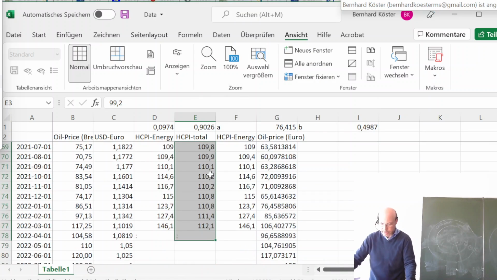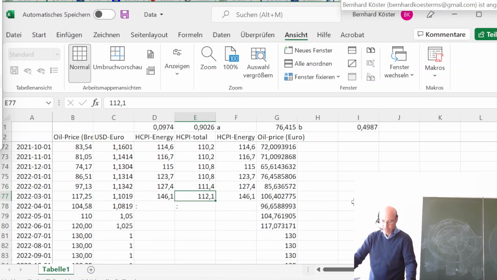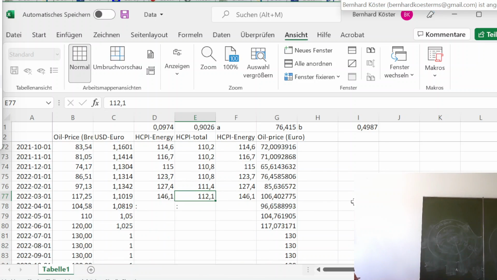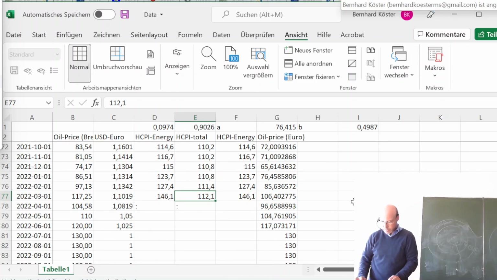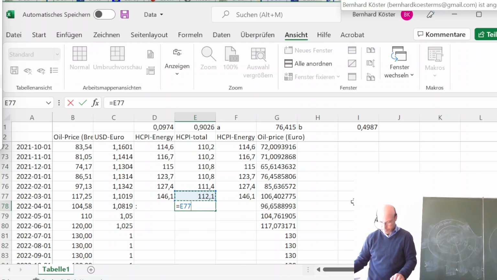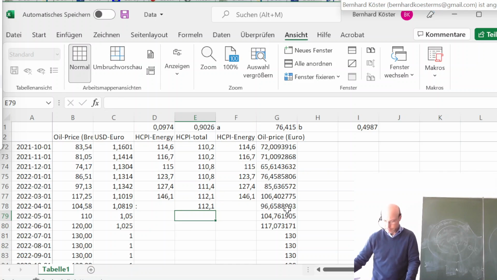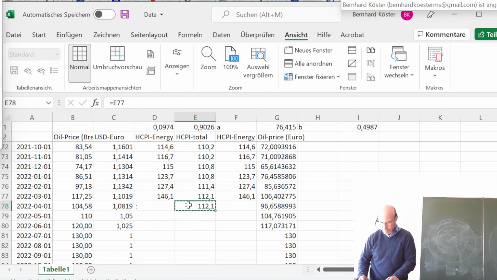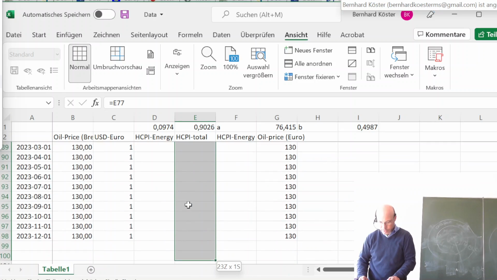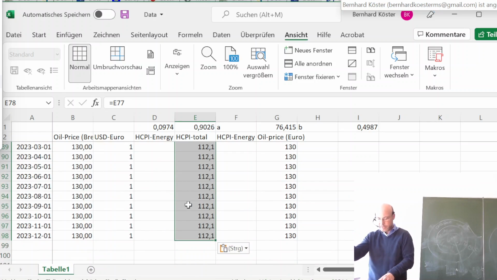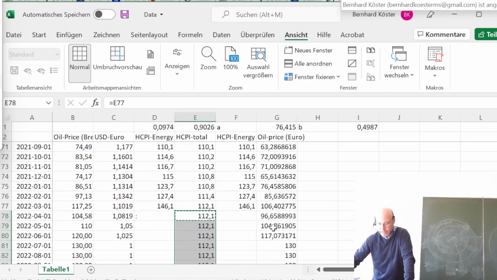So our assumption was that the non-energy component stays the same the next year, because we just want to calculate what is the impact of the oil price on energy price, on total inflation.